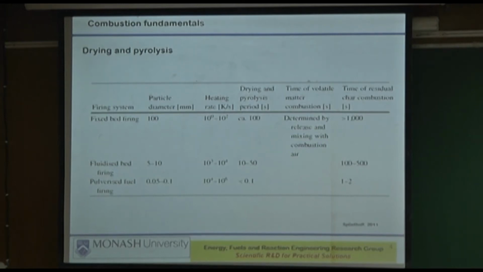Okay. So I draw your attention to these 3 columns in here: the drying and pyrolysis period time experienced, and the time experienced for residual char combustion. This column they have conveniently kept blank for a reason. The reason is it all depends on how much volatile is there in the first place inside the coal. If it is an anthracite, it has very little volatile, practically nothing.